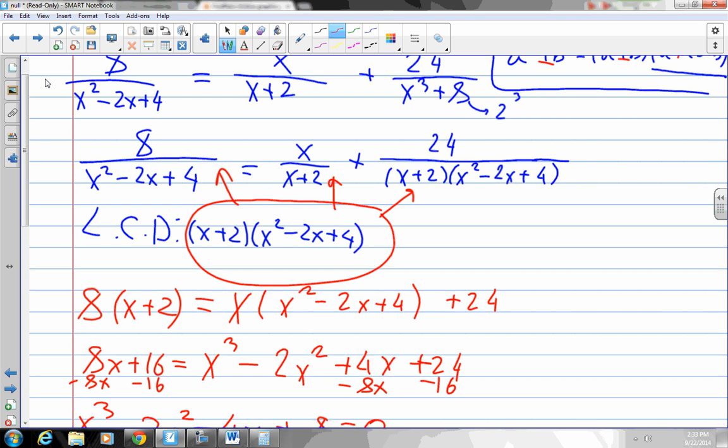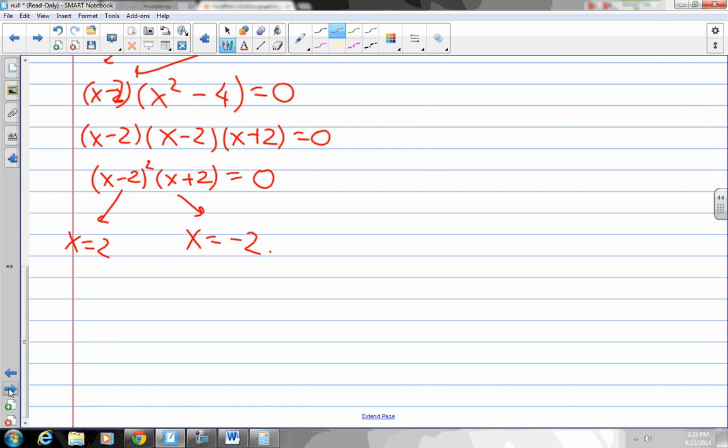Yeah, x plus 2, so negative 2 will not work in there. So negative 2 is the extraneous solution, so this is the solution, and this is the extraneous. So how does that sound? Any questions on this example?